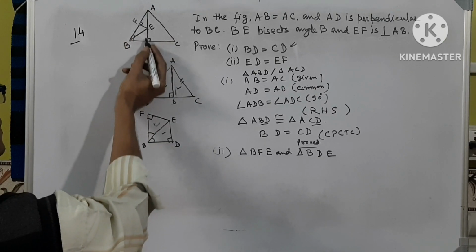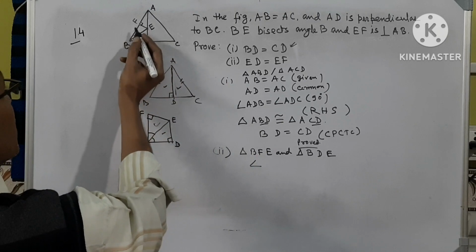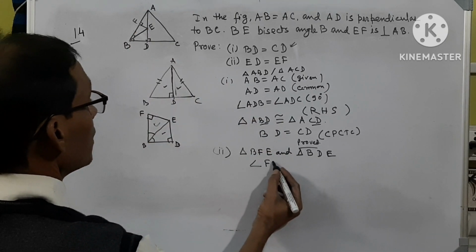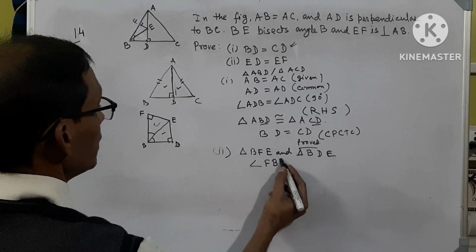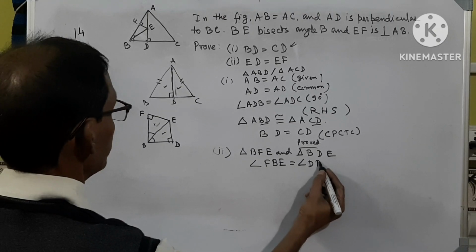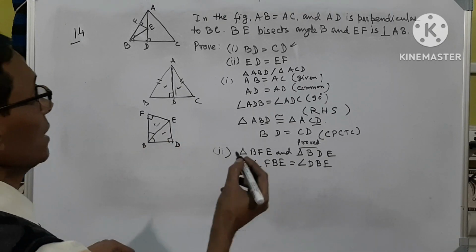BFE and BDE. Angle FBE is equal to angle DBE. Why?